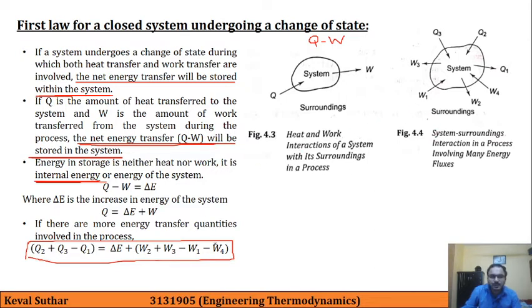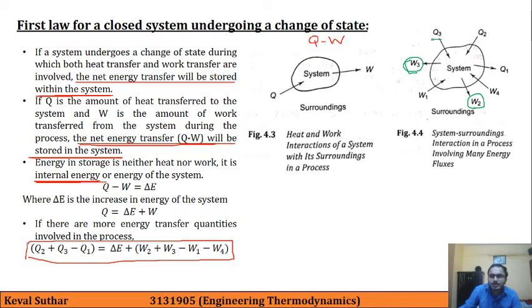To repeat this part, when the work is done on the system, it is taken as negative, and when the work is done by the system, it is taken as positive. The positive terms will be shown with a green line. W2 is work done by the system, that's why it is positive. W3 is also work done by the system.